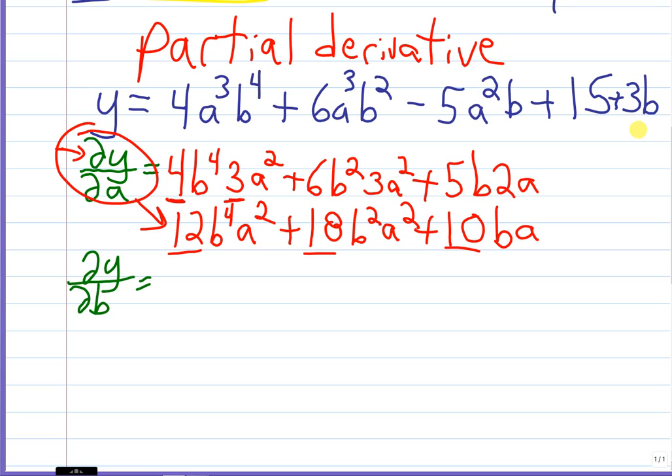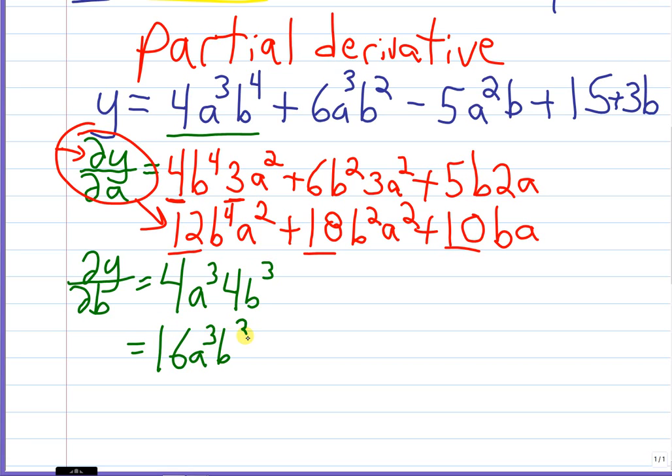So let's look at the first term here, 4a cubed b to the 4th. We just write down 4a cubed to treat it just like it's the number 4. And then we take the derivative of the b to the 4th part, which will be 4b cubed. And then we can clean that up. 4 times 4 is 16. A cubed, b cubed.